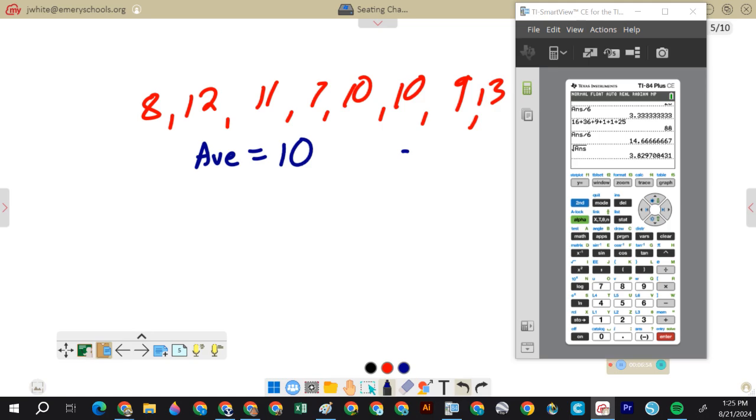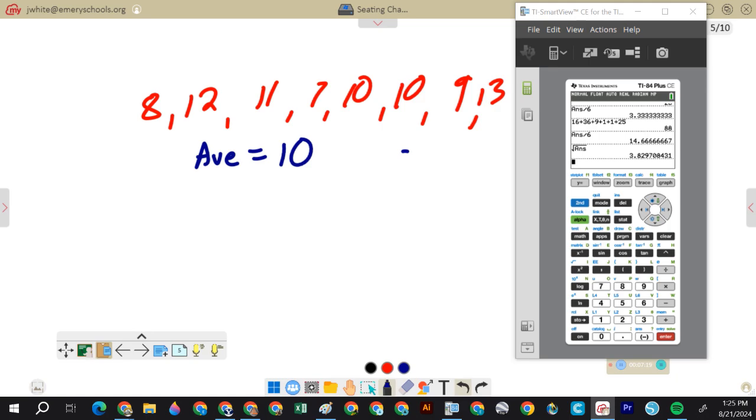Well, what if I told you the average of the test was 79, and most people were within 15 points of 79? You would probably feel better about that, knowing, well, I think I did really well, or I think I did average, or I think I did terribly. But if I could give you some plus or minus, you would have a better sense of what's going on. That number is called the standard deviation.